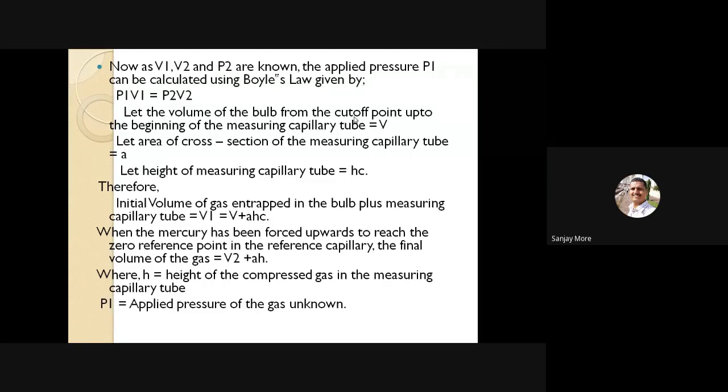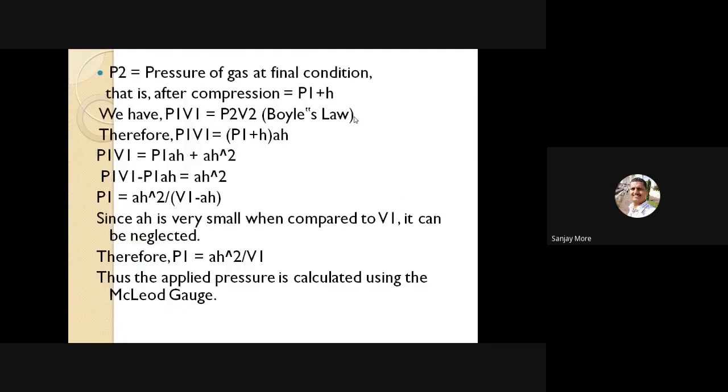P1 is the applied pressure of the gas, unknown. Then P2 is the pressure of the gas in the final condition, that is, after compression, P1 plus H. We have P1 V1 is equal to P2 V2 from Boyle's law.